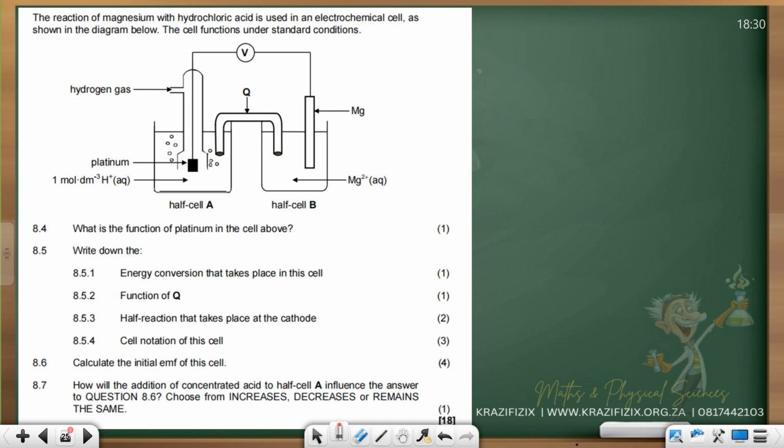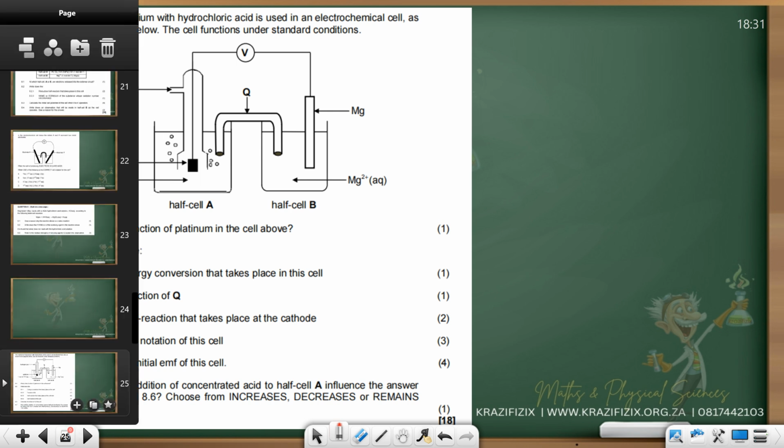So we use platinum to have a solid path for electrons to flow. What the examiners will ask you is, why choose platinum? We choose platinum because it is inert, it's solid, and it's a conductor.